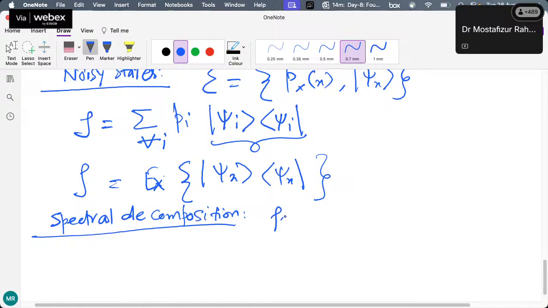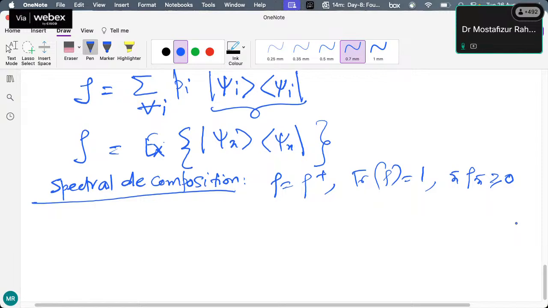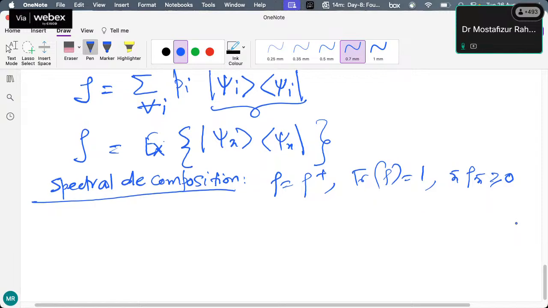So because rho equals rho dagger, trace of rho equals 1, and <x|rho|x> is greater than or equal to 0, it's positive semi-definite. So we of course should get a spectral decomposition of the matrix rho.